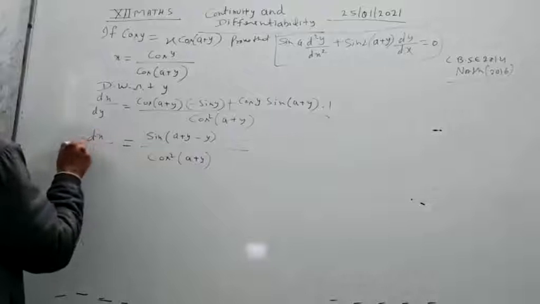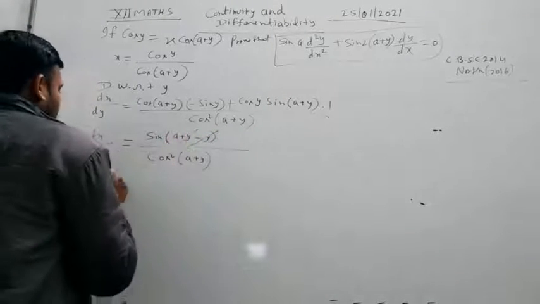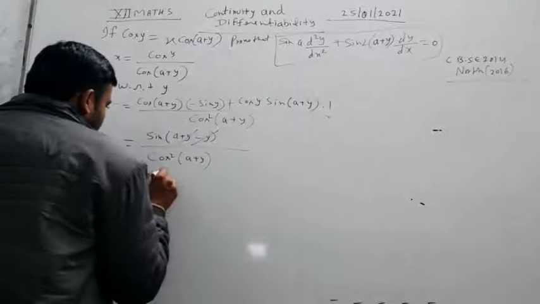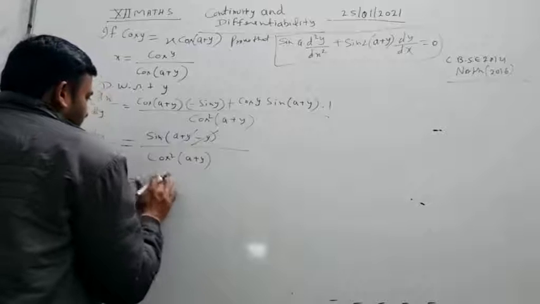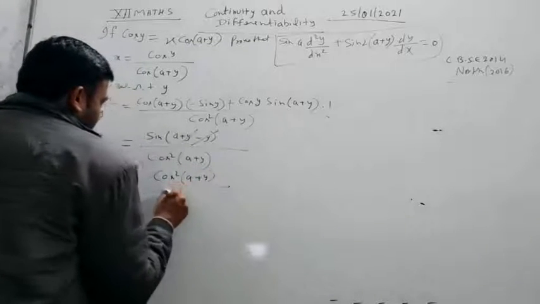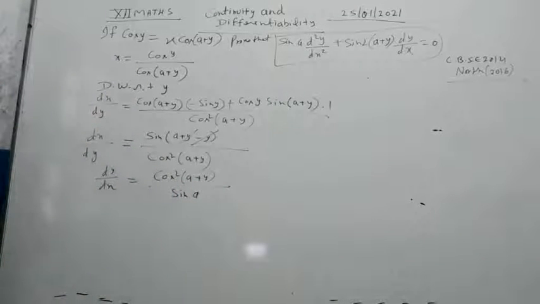So this is equal to dx upon dy, and the y and y cancel, so dy by dx is cos square (a plus y) by sin a.